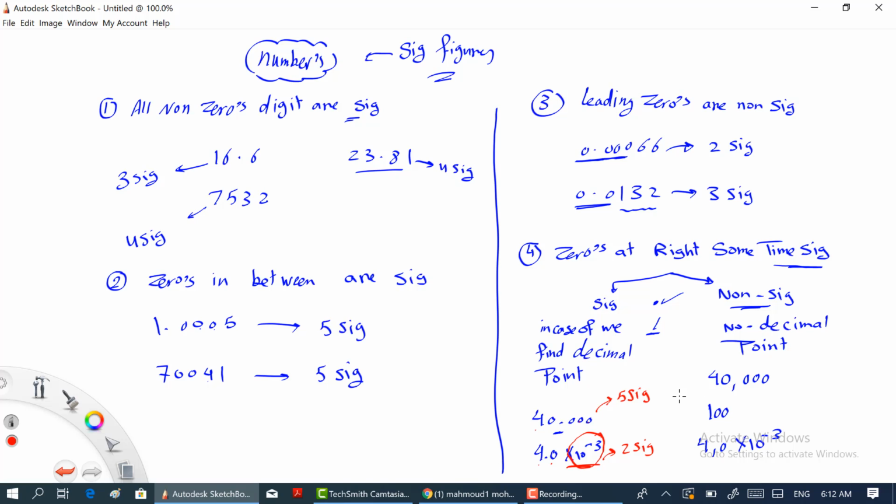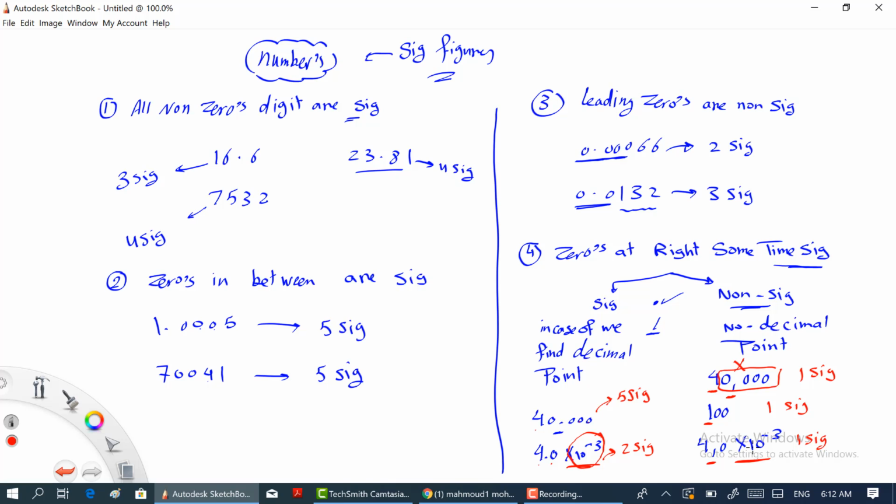In this case, this is not a decimal point, so only the 4 is significant, so one significant figure. And in the 100, it's only one significant figure. It's not a decimal point, and the power is not significant. So only one significant figure.